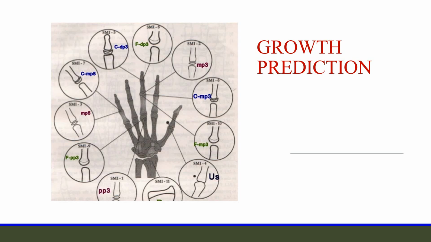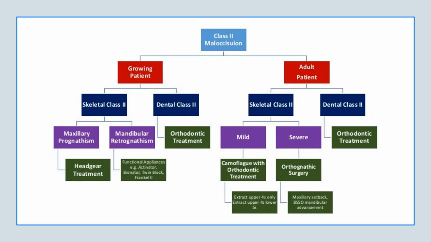Successful prediction is achieved when the amount and the direction of growth are predicted before early age treatment. Many treatment options are available for correction of Angle class 2 malocclusions, depending on what part of the craniofacial skeleton is affected.